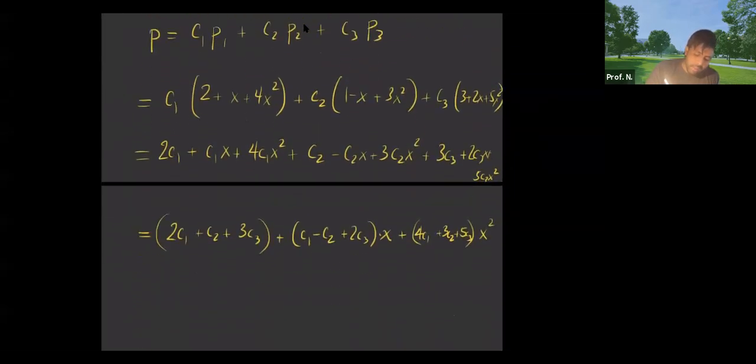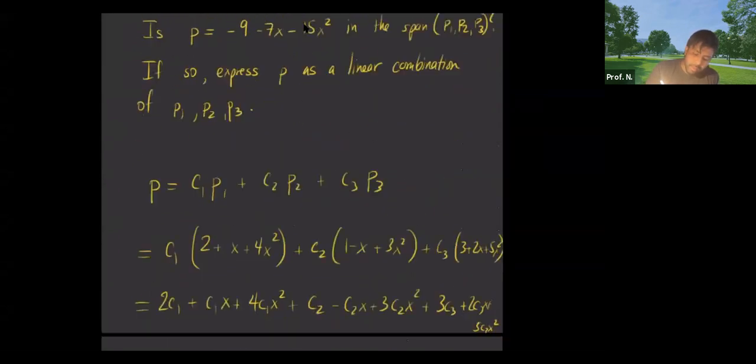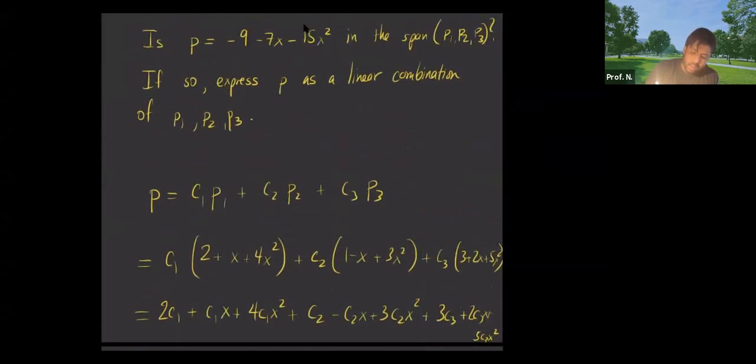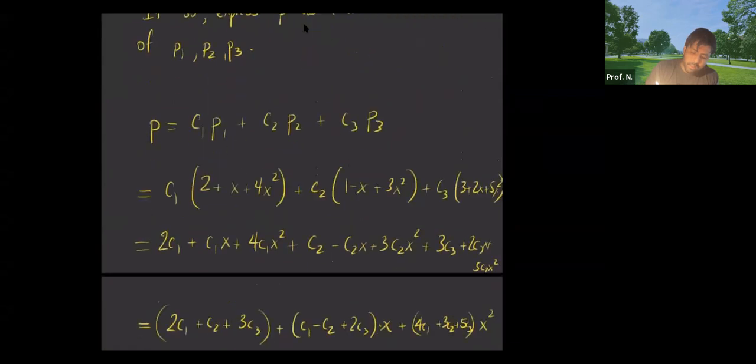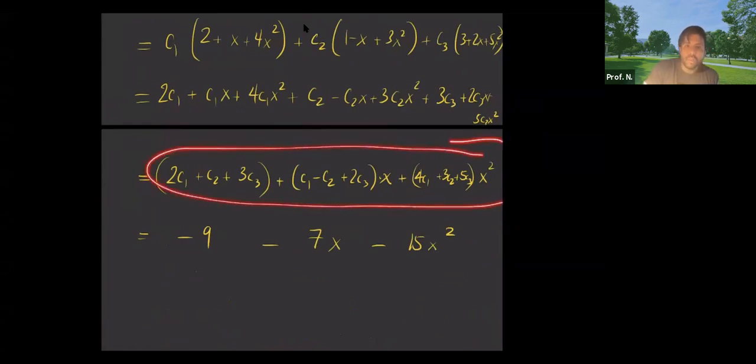But what's P? P was -9 minus 7x and then minus 15x squared. This is P. This is the sum of P1, P2, P3.